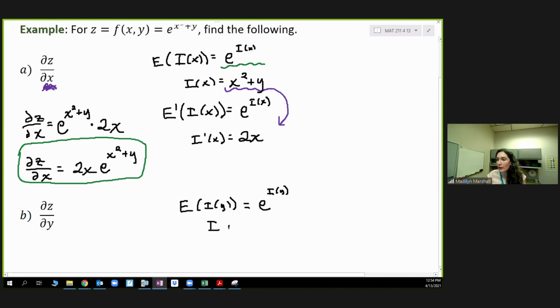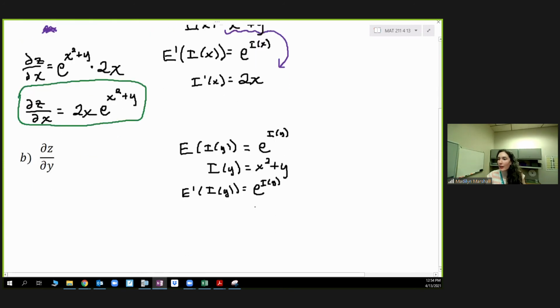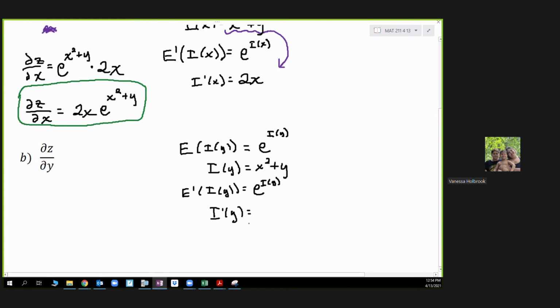Our interior is that exponent. So the derivative of the exterior is still just that same e to its exponent. So really the only thing that actually changes here is the derivative of the interior, x squared plus y. And that's it.